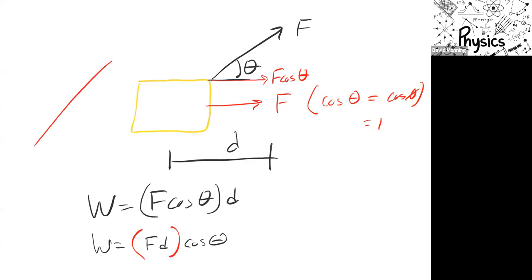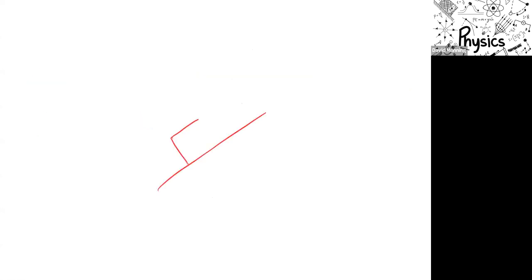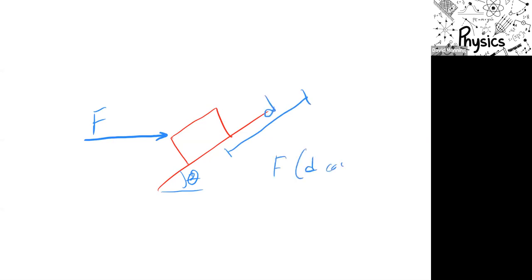Now, if you have a box like this, and you're pushing on it with a force like so, at angle theta, now it's moving up the plane, right? So in this case, it's F d cosine theta. See how that works?